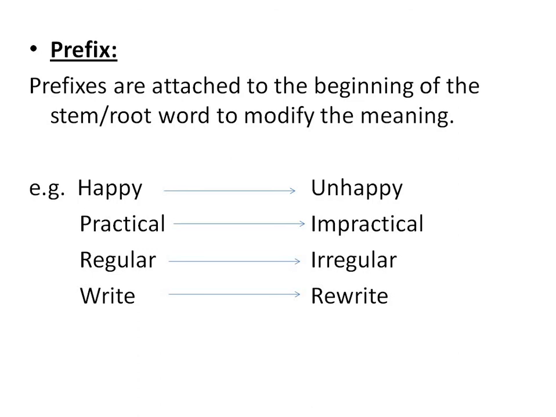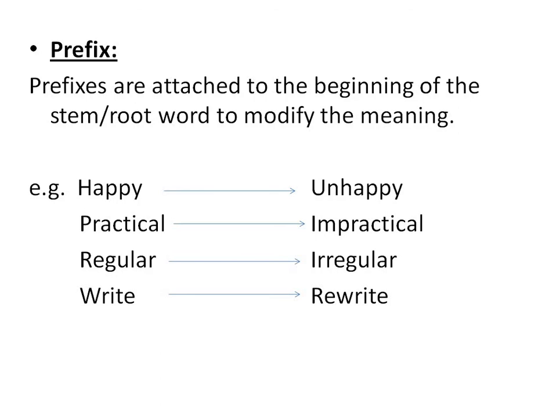Look at the examples. The root or stem morpheme is happy. We made the word unhappy. So from happy to unhappy, there is a process of affixation. The stem word is happy, and we have given an additional information of not happy by adding un with happy.